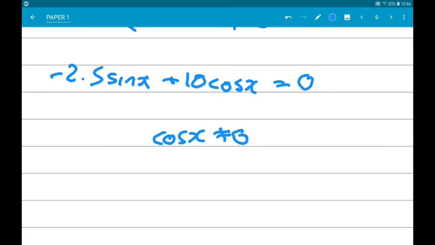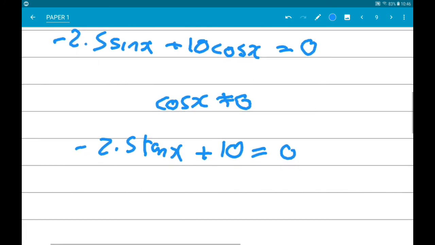So we now get minus 2.5 tan x add 10 is 0. So add 2.5 tan x and then divide by 2.5. We do indeed get tan x is equal to 4.